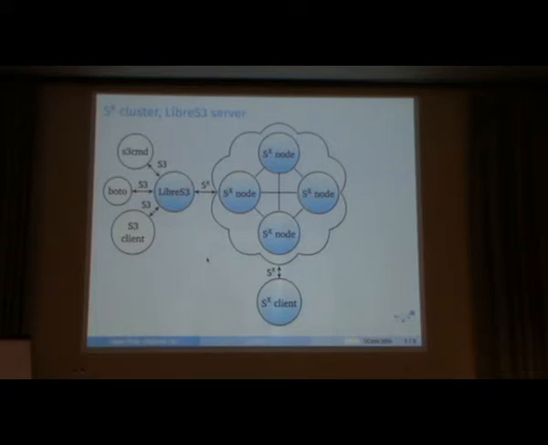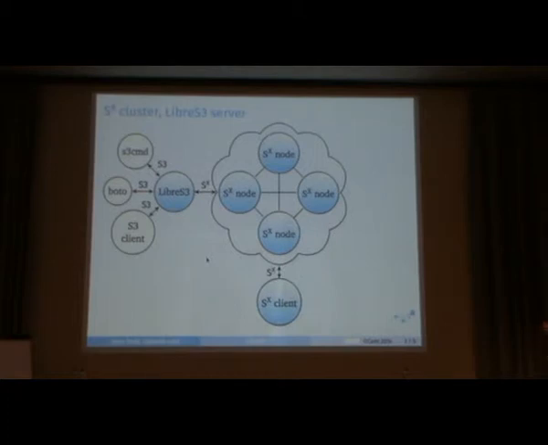So in this context, we have LibreS3, our application, and some existing clients written in different languages, S3cmd, Boto, or other S3 clients that are talking with our application using the S3 protocol.